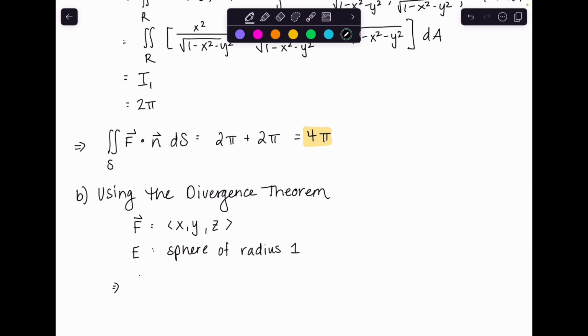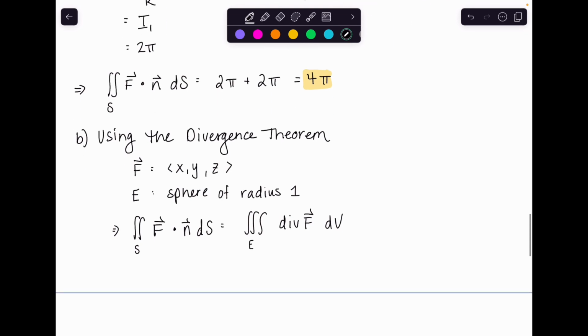So when I go to evaluate this surface integral, instead I'm going to integrate over E the divergence of the vector field, with respect to x, y, and z. So you can directly find the divergence in here because it's not too bad of a vector field. You could also do it beforehand off to the side. I'll show you in here.